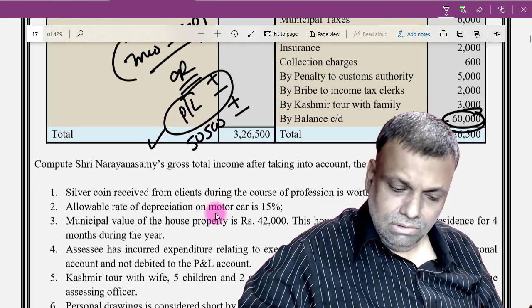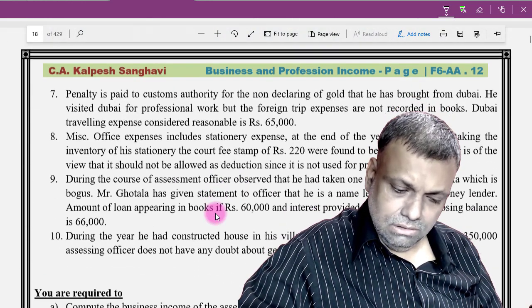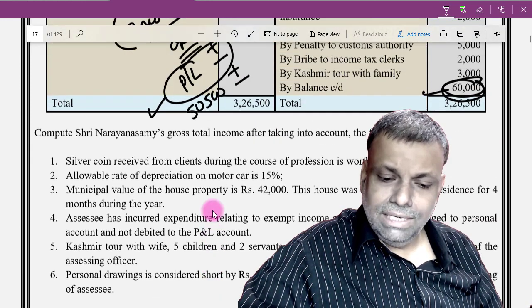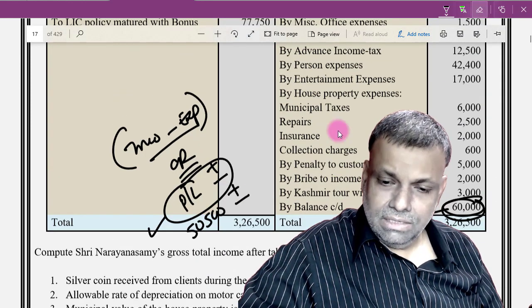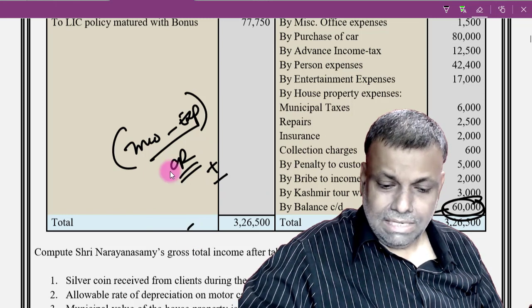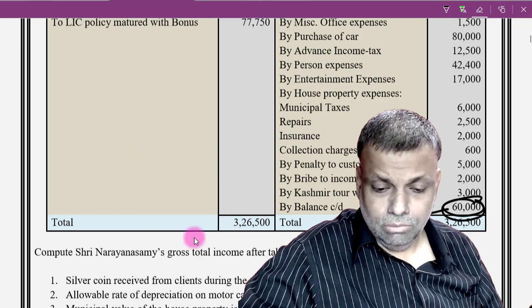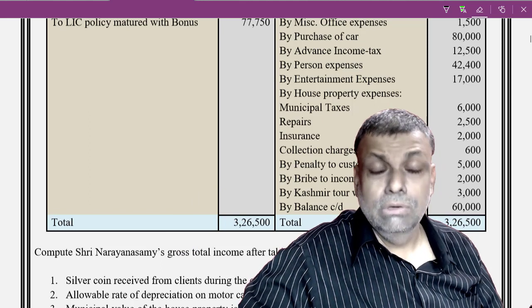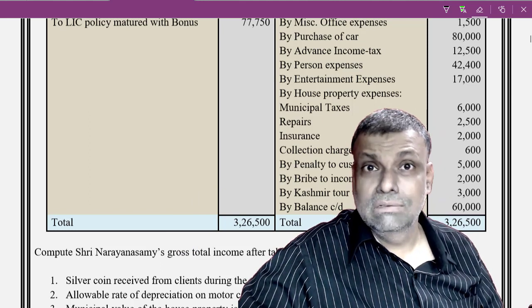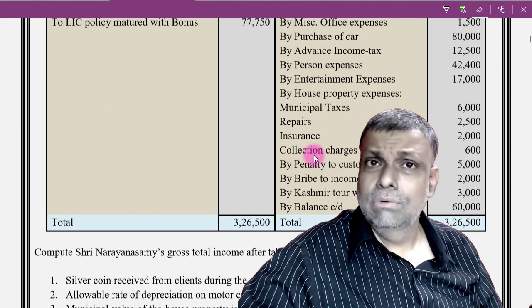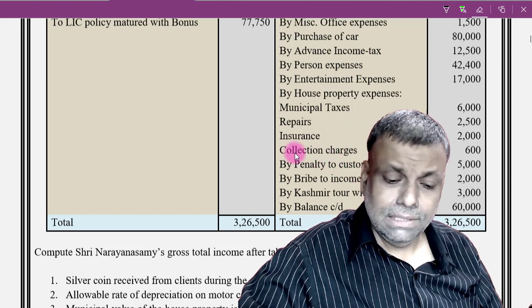He has already given us some 10 or so adjustments. First of all, I will answer all the adjustments. After that, I will go through all the receipt and payment items and check whether each is wholly and exclusively for business and profession, the section 37(1) test, and whether there is any capital expenditure. I will do all that in the second stage of answering the question.